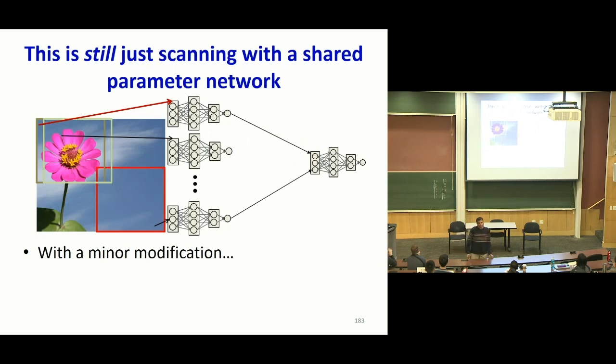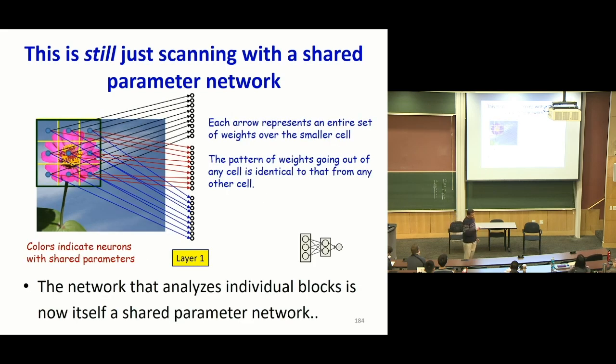But then this is still just scanning with a shared parameter MLP, right? Nothing really changed. All I did was I took a step back and began looking for smaller units. But everything else still remains the shared parameter MLP. There's just one minor modification, that if you begin looking carefully, in the first layer, you had these 9, although I'm drawing an MLP with 3 neurons. Each of these produced, in this case, 9 outputs within this first block, right?